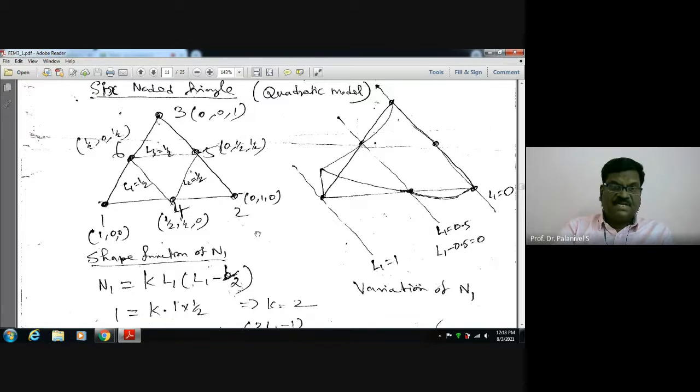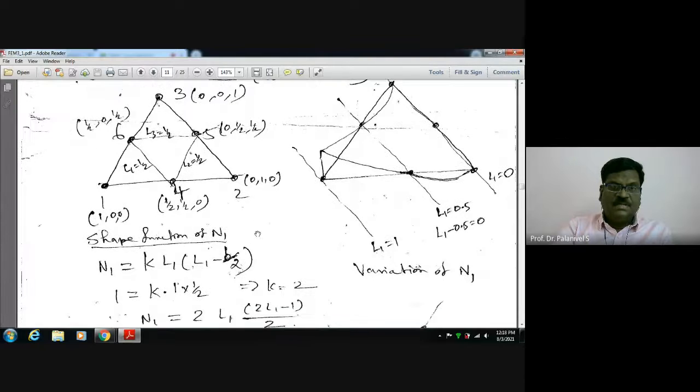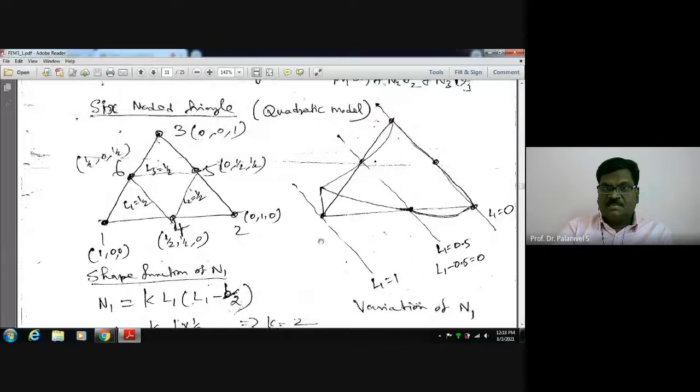How do we do it? It is shown here. Here I have drawn N1. The equation of the line here is L1 equal to 1. The equation of the line here is L1 equal to 0.5, or L1 minus 0.5 equal to 0. Why? Take these two nodes. At these two nodes, L1 value is half commonly, while the other values are different.